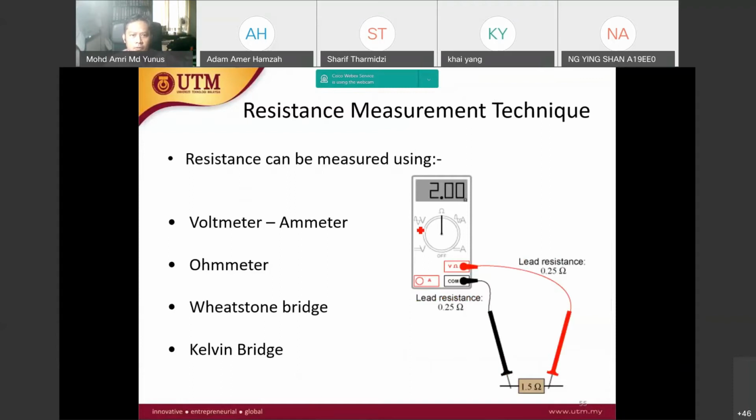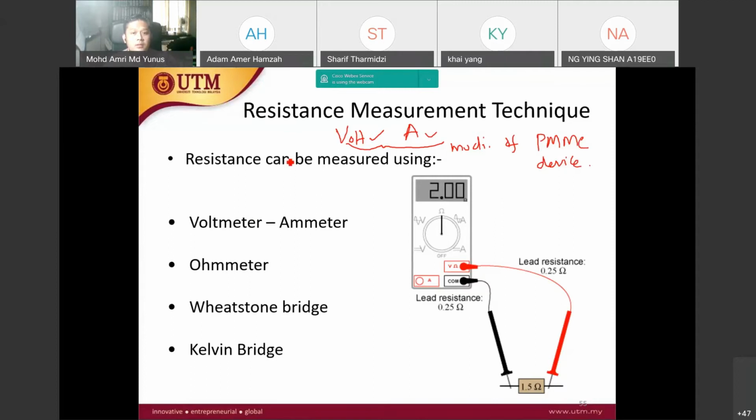Now we come to resistance measurement techniques. We have covered the voltmeter and the ammeter, both modifications of the permanent magnet moving coil device.